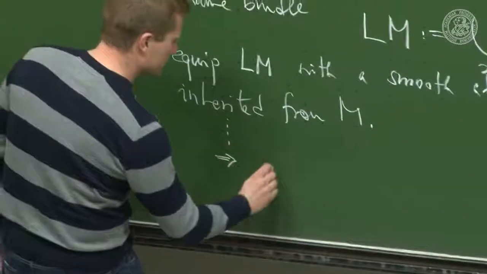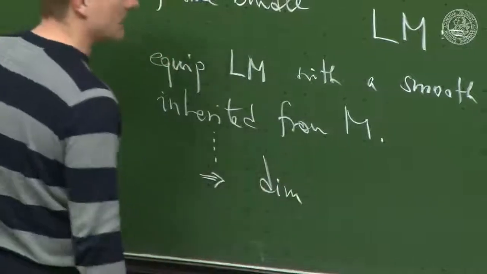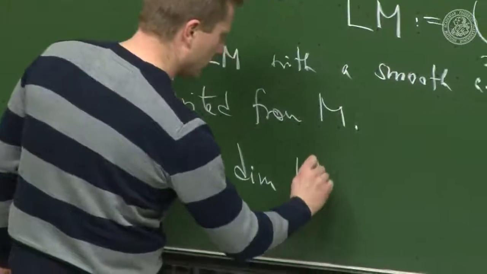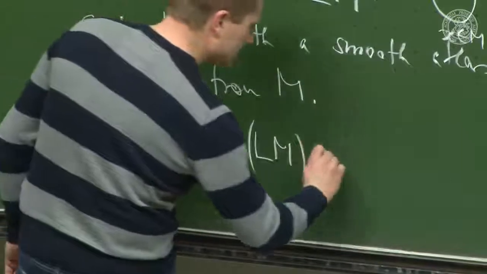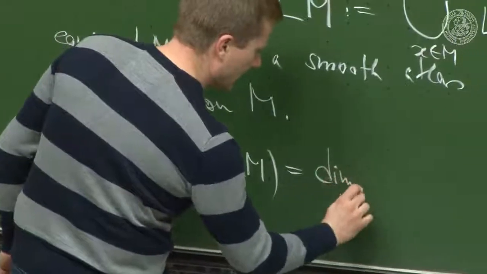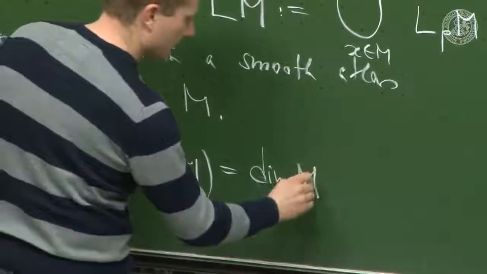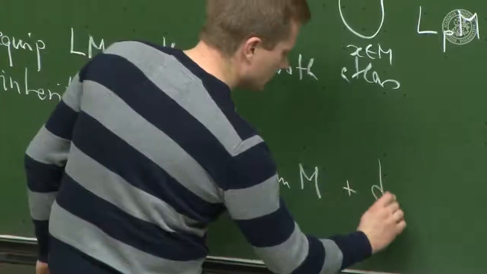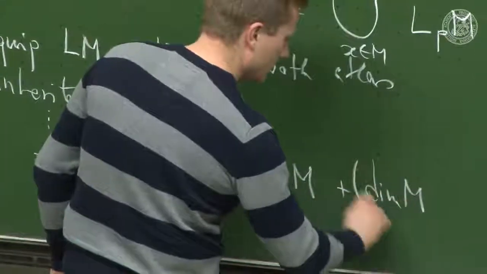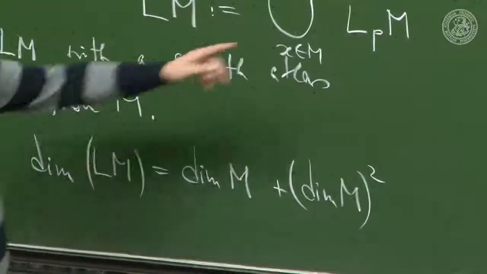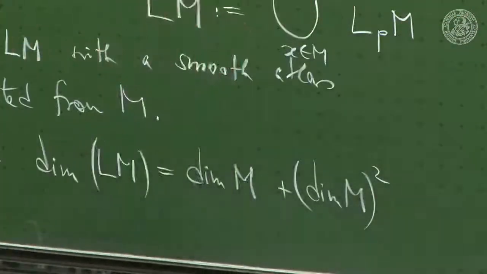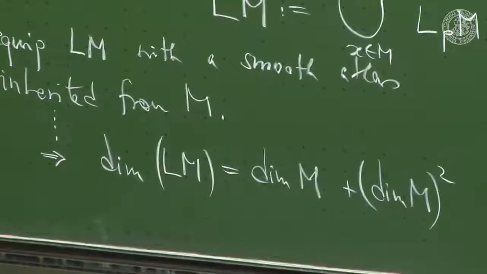And then you find, of course, that the dimension of the thus produced smooth manifold, LM, must be the dimension of M, that's the base manifold, plus the dimension of M squared, because of this. So it's dim M times (1 plus dim M). Okay, so that's the frame bundle, and this is the frame bundle as a smooth bundle.